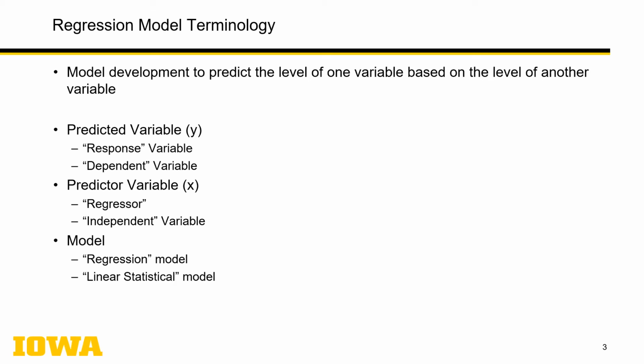It can also be called the regressor or the independent variable. So you can see x is independent because it is the thing that is driving the y that is dependent on the x. And then the model can be called a regression model or a linear statistical model. So all these terms can be used out there in the literature, as you'll see them here and there.